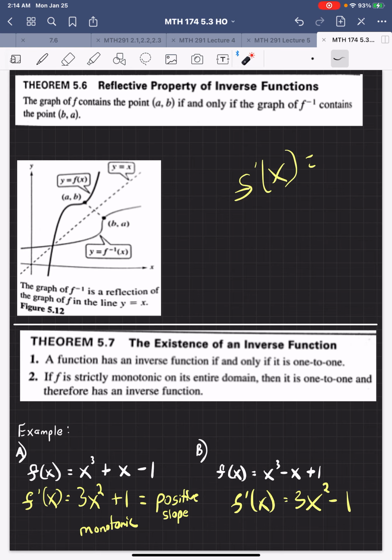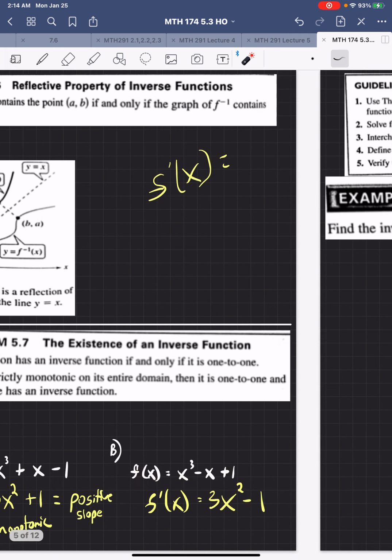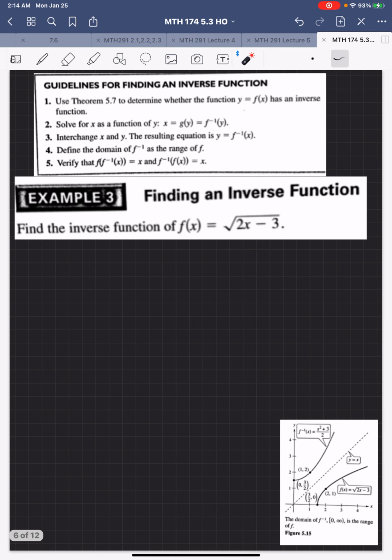So let me now show you a, I mean, this is a great technique, but what you're going to find is that this is sometimes a lot easier said than done, right? So if you want to find the inverse function, so for this example, you have f.